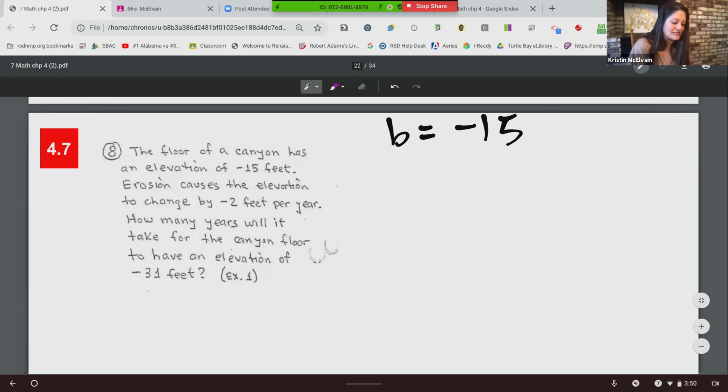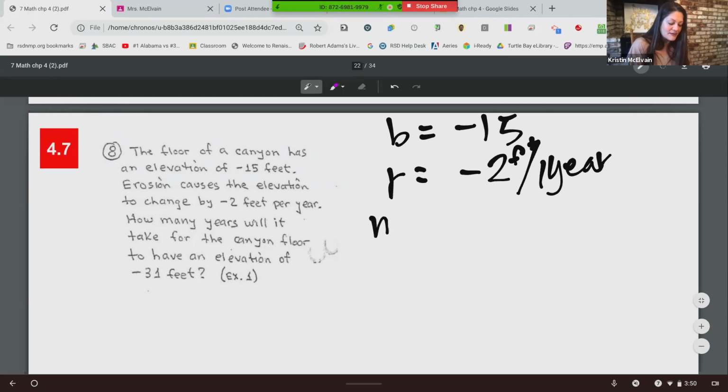Okay, so watch this. Our rate is negative 2 feet per year. So think of this as feet per year, and that's per 1 year. So that is going to be a slope or rate of change of negative 2 over 1, which is, of course, -2.